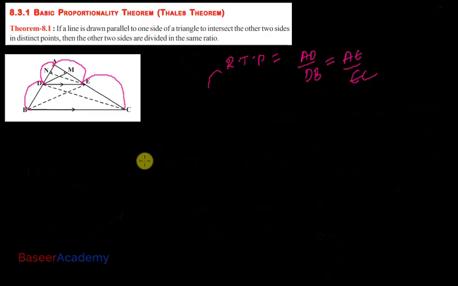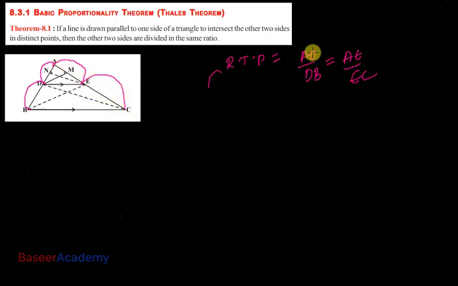We will first draw a perpendicular EN perpendicular to the side AB, and we'll draw another perpendicular DM which is perpendicular to AC.